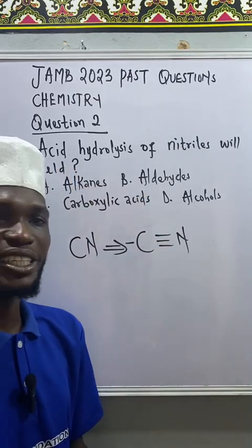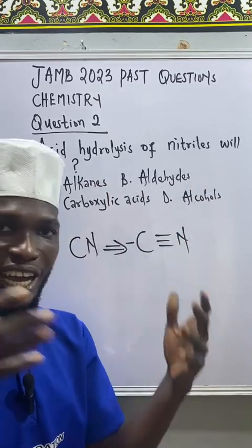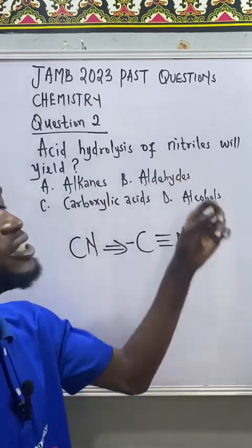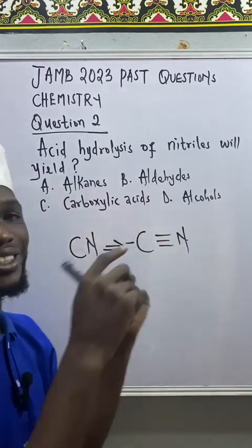That's if you add acid to a nitrile and we add water to it, what will that produce? It's going to produce, the correct answer is carboxylic acid.